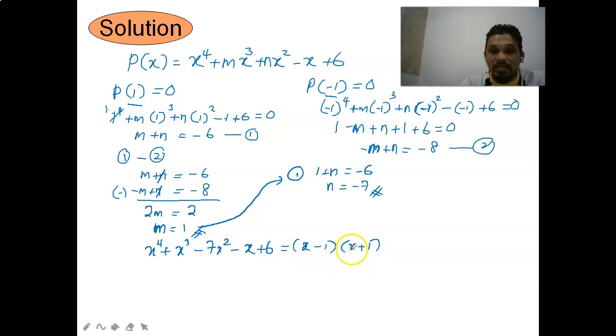Okay, x times x equals x squared, but what we have here is x to the power of 4. So it means that we come up with a quadratic factor, so we have x squared minus 1 and another quadratic.